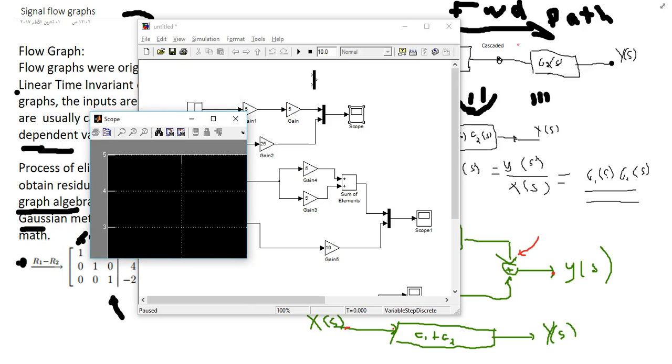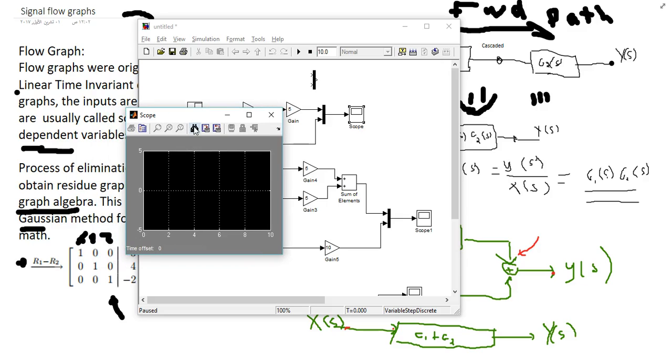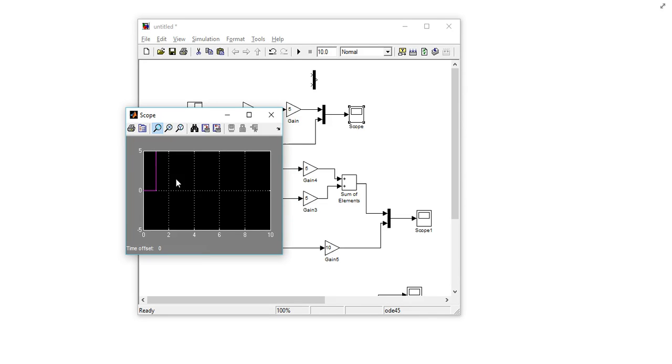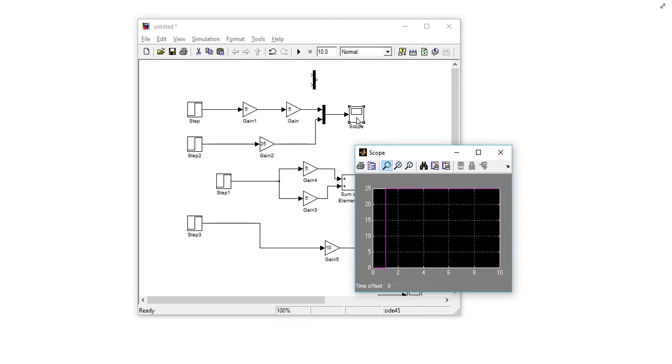Where is the result? From there, once again, the result appears on the scope: 25, 5 times 5 is 25.